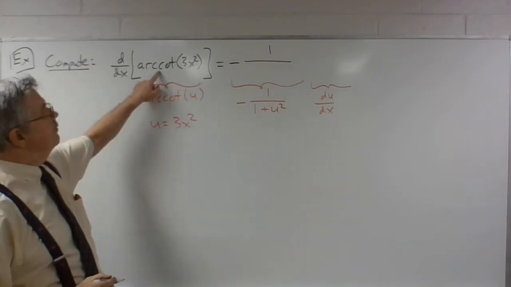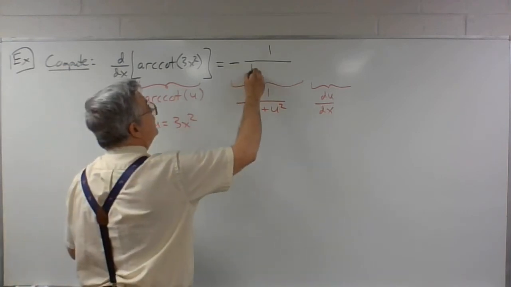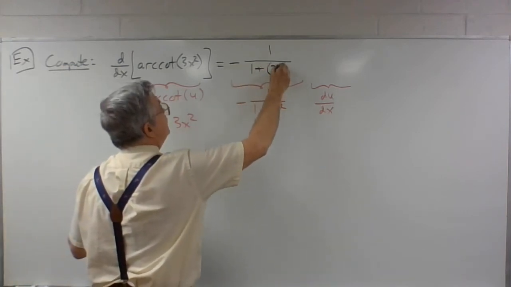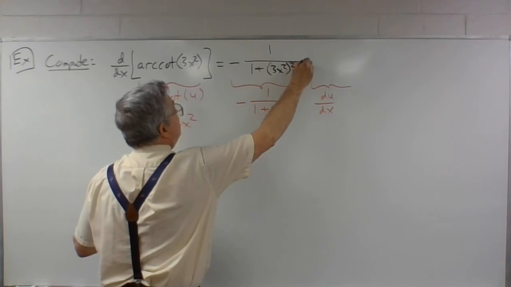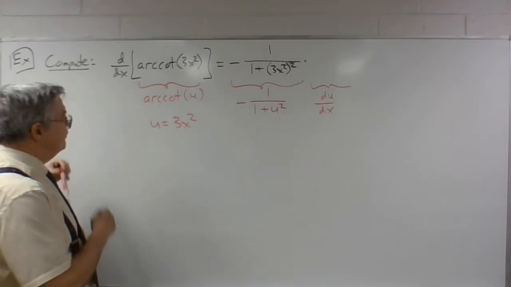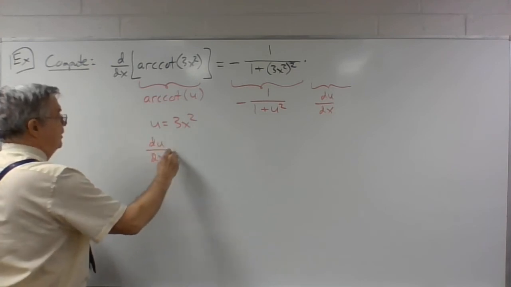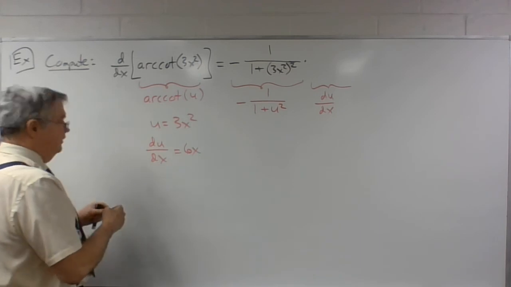I'll get 1 over 1 plus u, that's 3x squared, 1 plus u squared times du dx. That's 6x.